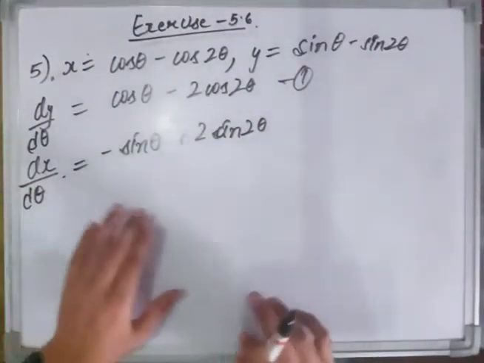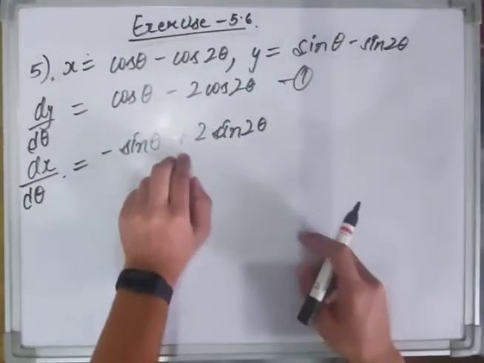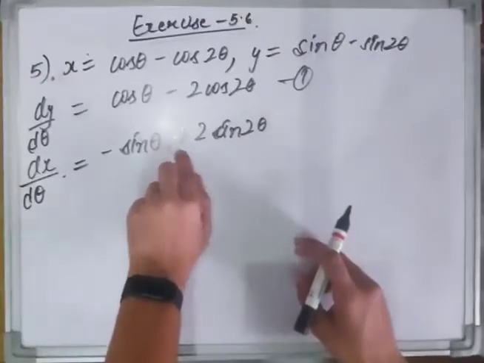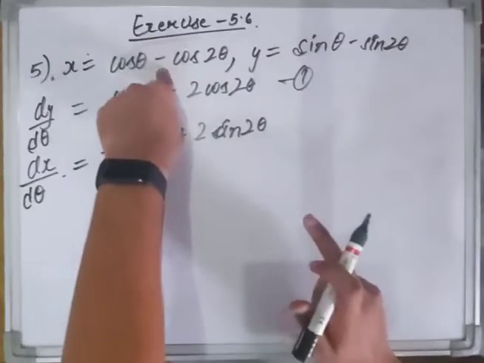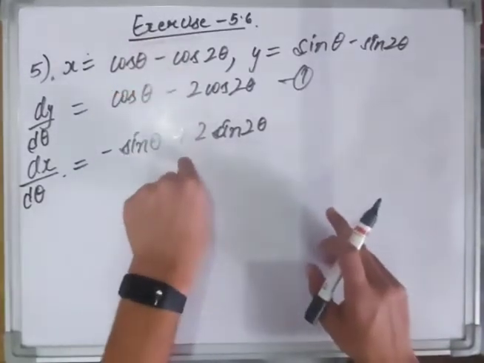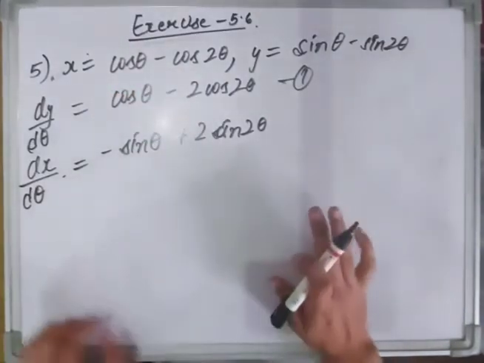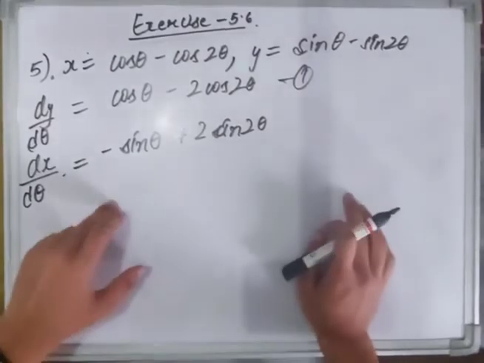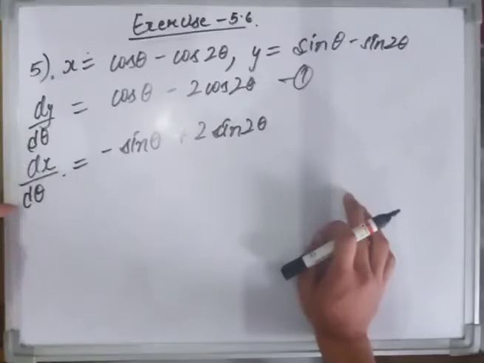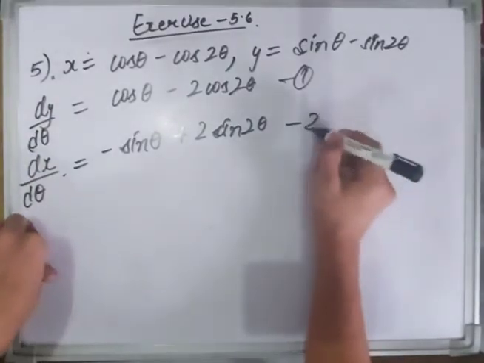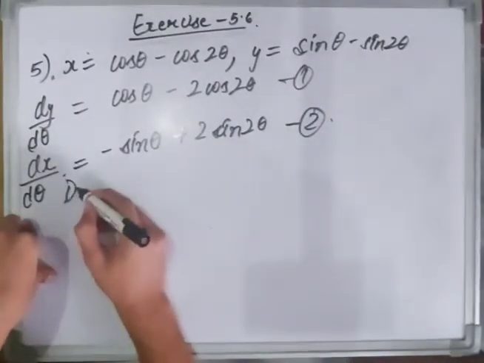Why did this plus come here? Because a minus was already present, and the derivative of cos theta is minus sin theta, and the minus changes to positive here. So this is dy by d theta, and dx upon d theta is this second equation. Now divide these equations.